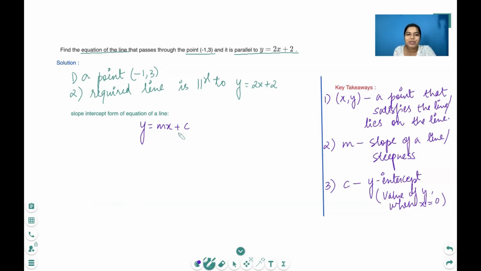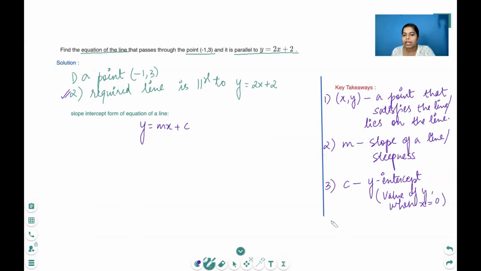Now let's go ahead and try to solve it. We need to figure out m and c. M represents the slope of a line. We would be using this information that is given to us: the required line is parallel to y equals 2x plus 2. That's our first keyword, parallel. So we should know the relation of slopes of parallel lines.